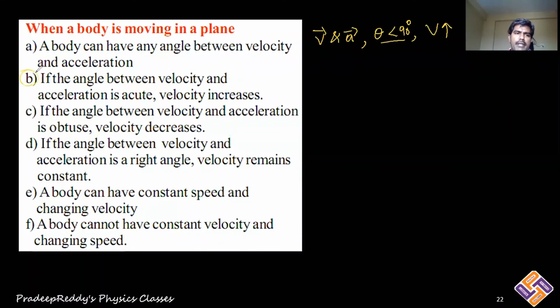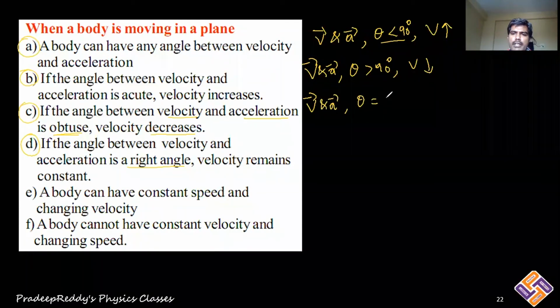That is point B. And coming to C, if the angle between velocity and acceleration is obtuse, theta between V bar and A bar is greater than 90 degrees, the magnitude of velocity decreases. Clear? That's the third one. Next, if the angle between velocity and acceleration is a right angle, theta equal to 90 degrees, the magnitude of velocity remains constant.